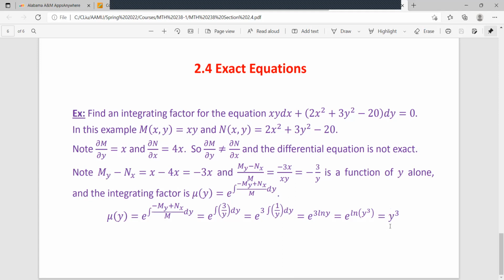Then you can multiply this y cubed with the original equation on each term and get an exact equation, and then use the steps we showed before to solve this exact equation step by step. And I'm not going to show it again here. It will be quite lengthy, as you already see.